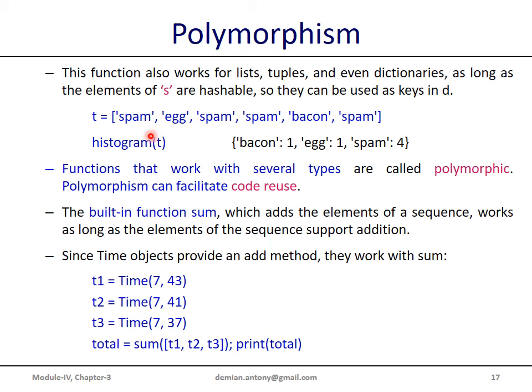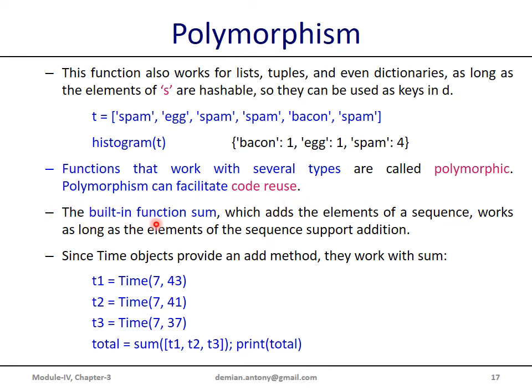And one benefit of writing polymorphic functions is code reuse. This function polymorphism facilitates code reuse. We don't have to write the code separately to handle different types. We can have only one polymorphic function, and that itself handles a variety of types, thereby it reduces the application code.